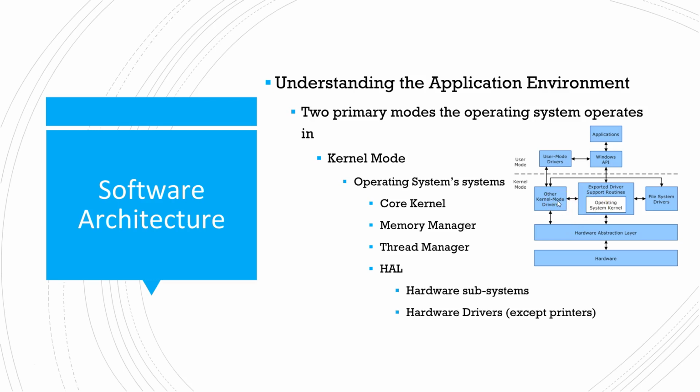One of the first things I want to mention is that because these drivers are running in kernel mode, if you have a 64-bit operating system, you have to use 64-bit drivers. If it's 32-bit, you have to use 32.